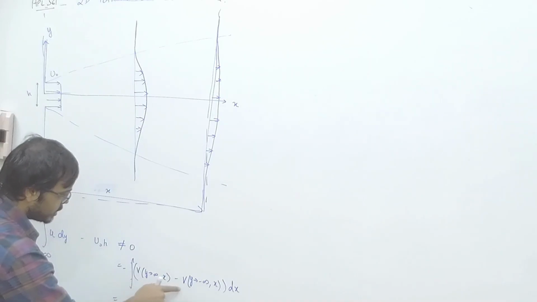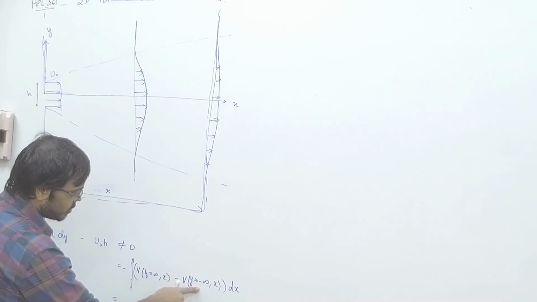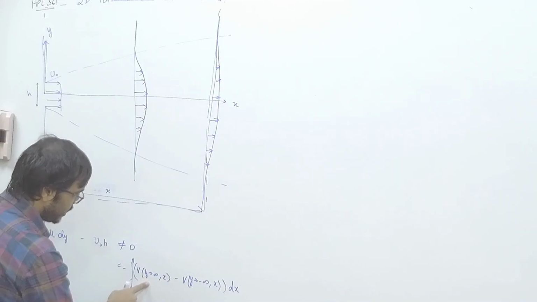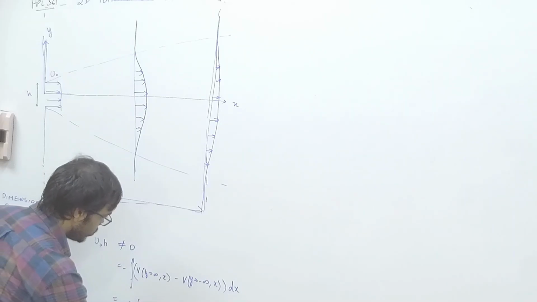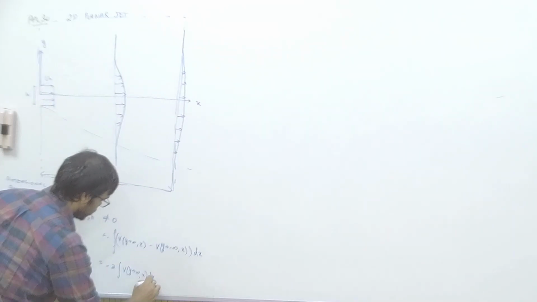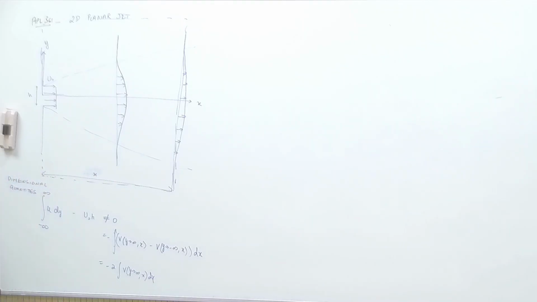And if the flow is symmetric, then we can write this as, so v of minus y is equal to minus of v of y. So we can write minus 2 v at y tends to infinity dx. Okay. So this is what you will get if you do the integration.